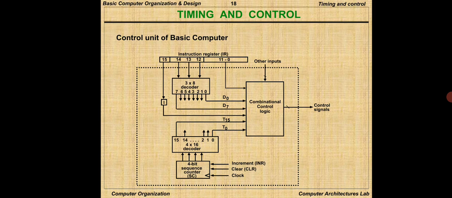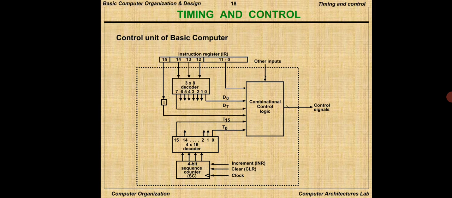Okay, so each clock pulse we will say is a state, known as a timing state. One clock pulse we'll say is a timing state, and the second clock pulse is one more timing state. We will indicate them as T0, T1, T2, T3, and so on.